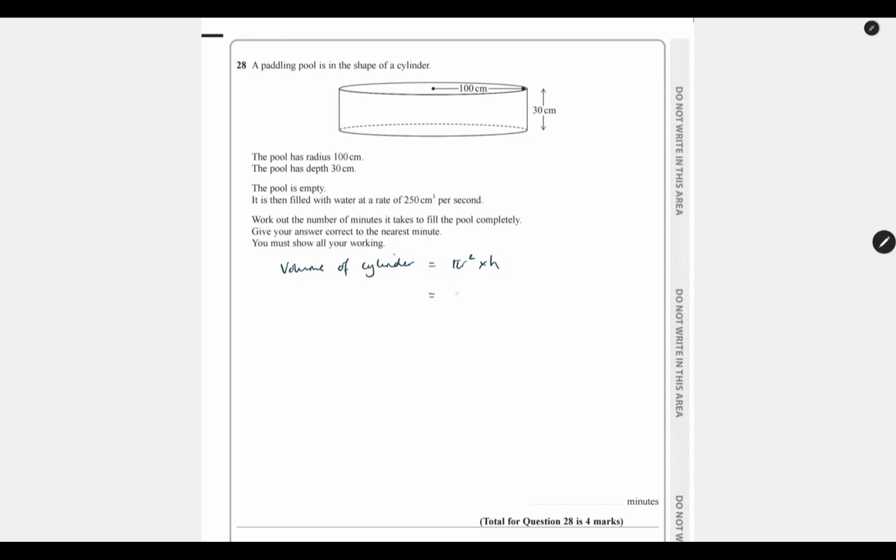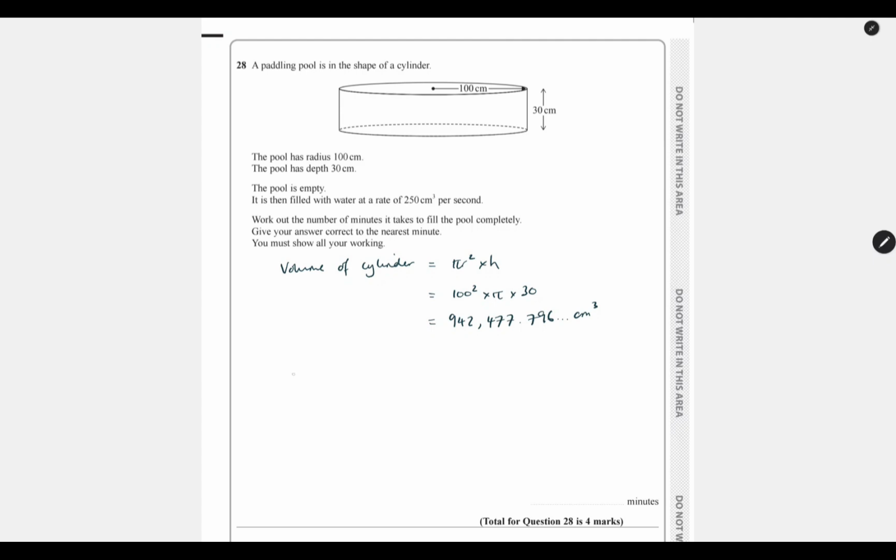That's equal to 100 squared multiplied by pi multiplied by 30, and that's equal to 942,477.796, and so on, centimeters cubed.